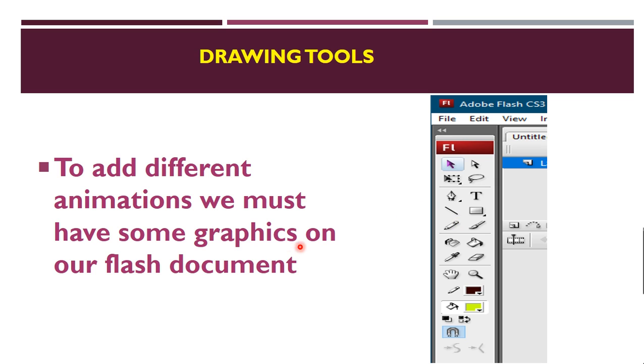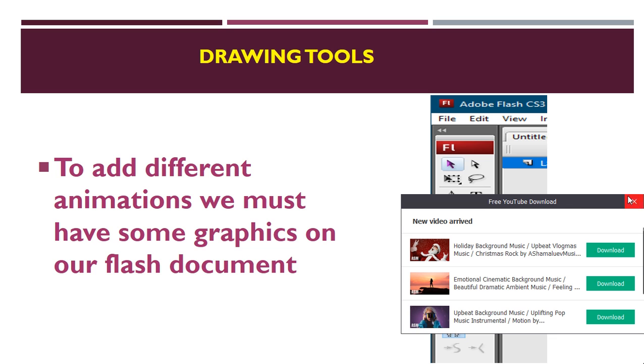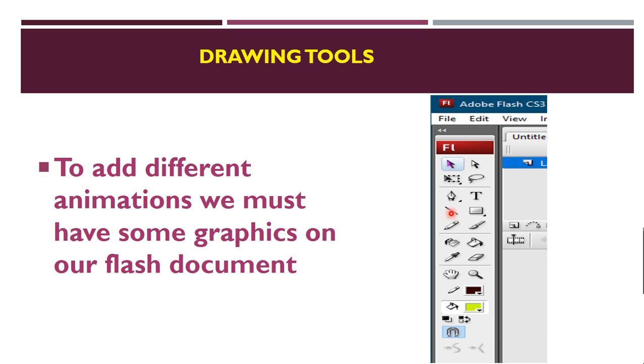Graphics can be a picture, an image, a shape, or a line, which can be drawn using these tools. If we want to write something, that can be text. If we want to draw geometrical shapes, that is a line, circle, square, or even polygons, we can draw them on our Flash document using these drawing tools.